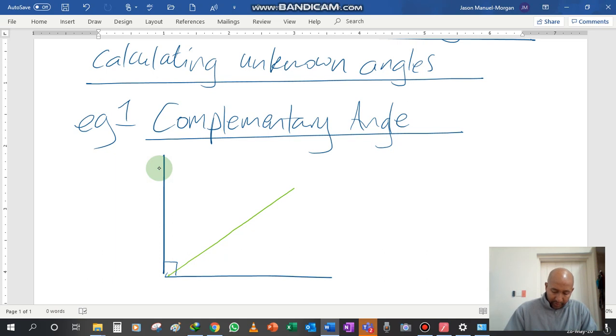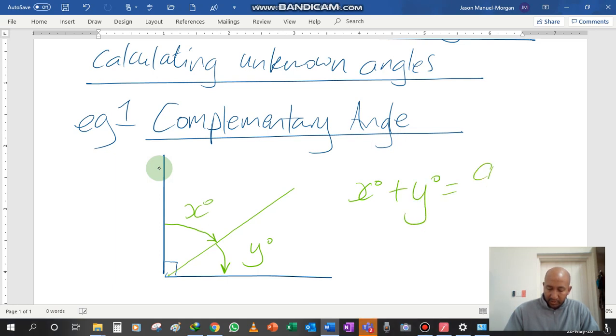And so you've got this angle, and you've also got this angle, and both of them together, we'll call this x degrees and y degrees, and we'll say x degrees plus y degrees equals 90 degrees. That's it.